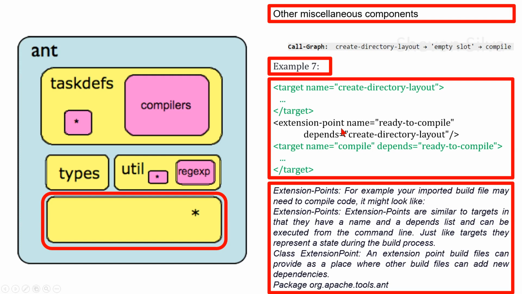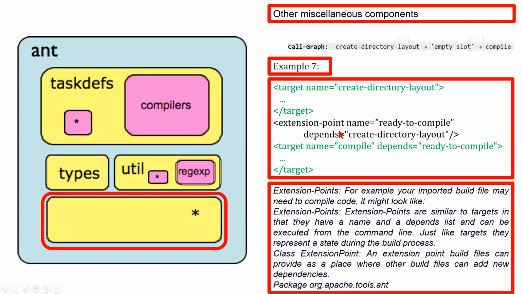An extension point in build files can provide a place where other build files can add new dependencies. This is in the package org.apache.tools.ant. Unlike targets, these extension points don't need any task.